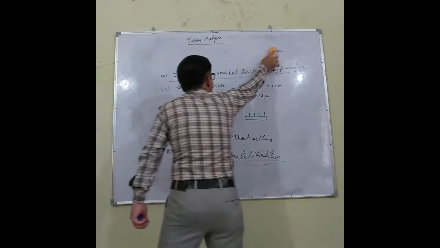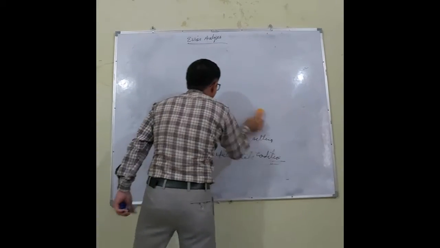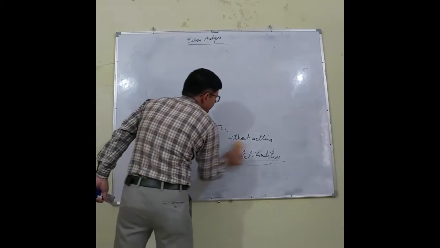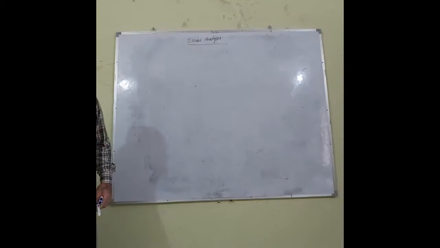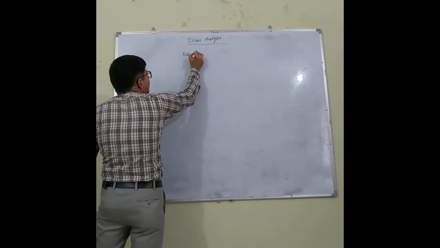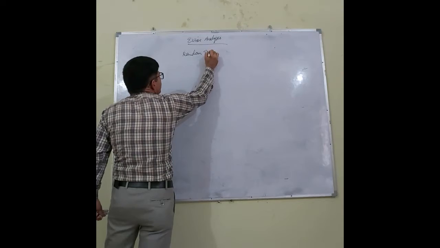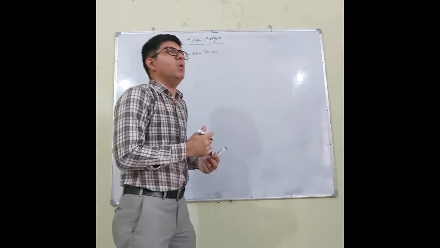So, systematic errors are those errors whose causes are known to us. Now, the second category of errors is random errors. What are random errors? Random errors are those errors whose causes are not known to us.